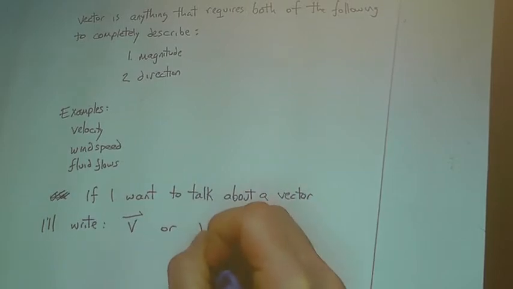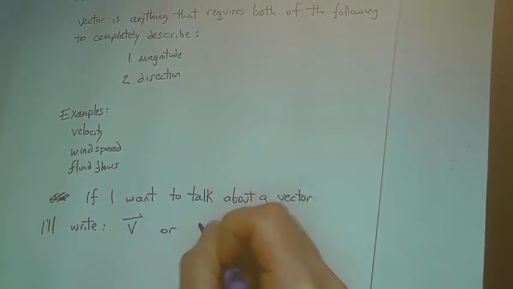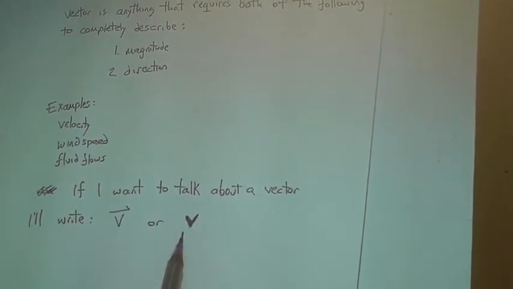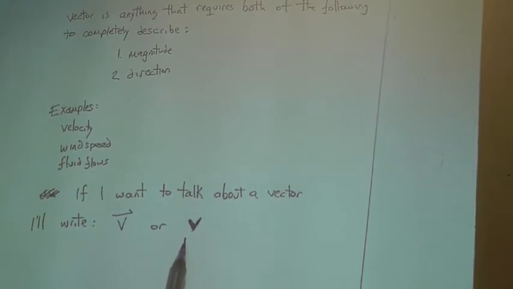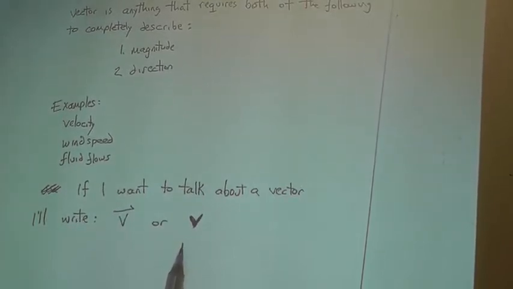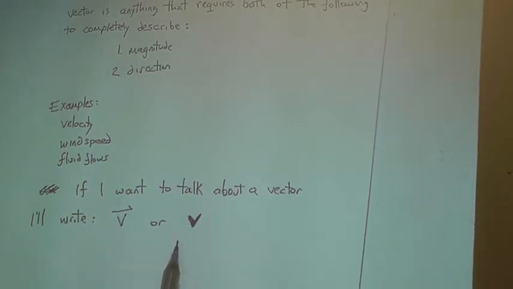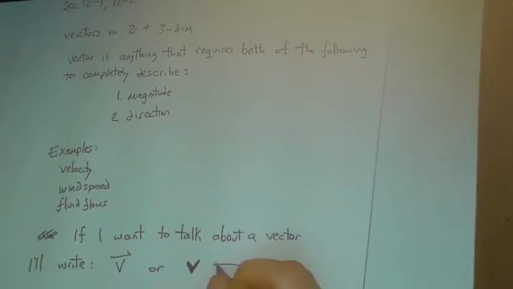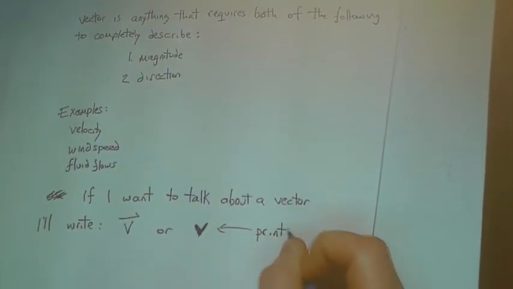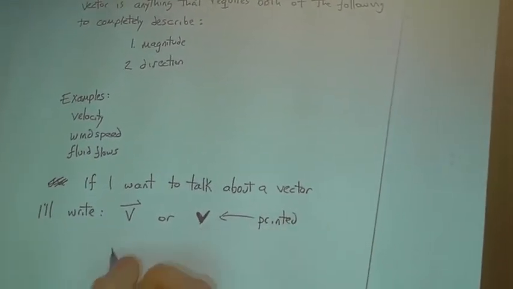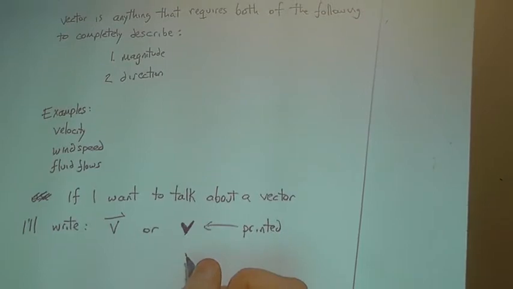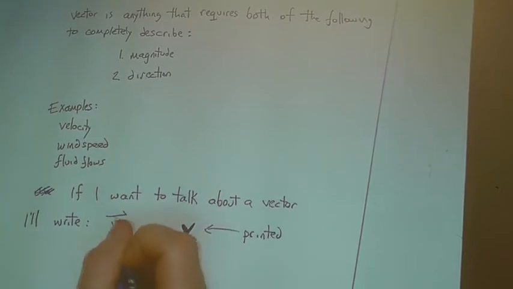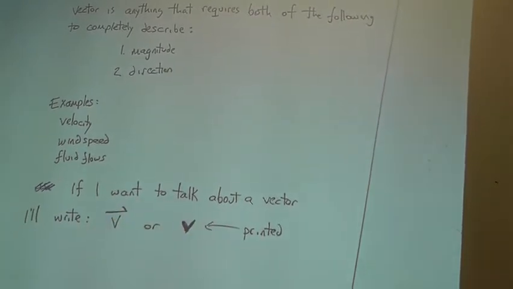Or fold. Like that. Well, obviously, I'm not going to do this every time I write down a vector. This is what you'll see in the text. This is what you'll see when you're reading a paper. Okay? So this is printed, bold, but if you're not doing that, or if there's any question at all of what you are working with, then you put that arrow over the top.